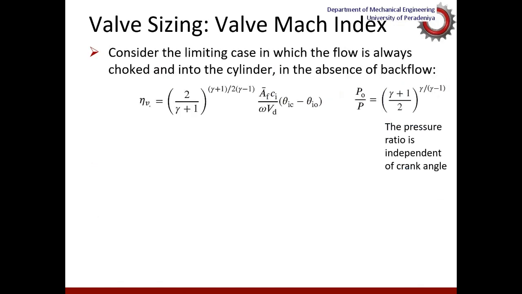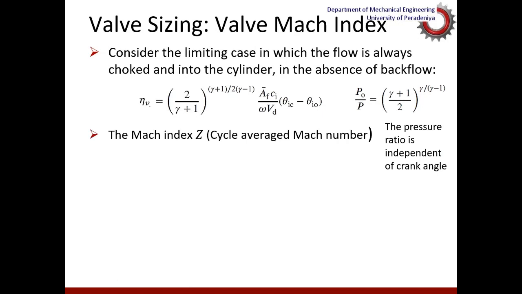And then if you go into the critical conditions, the limiting case where the flow becomes choked, we know that the flow does not depend on the pressure ratio. Accordingly, we can simplify the integration like this. The pressure ratio does not depend on the crank angle. Therefore, the integration becomes very simple, and eta V will become this.